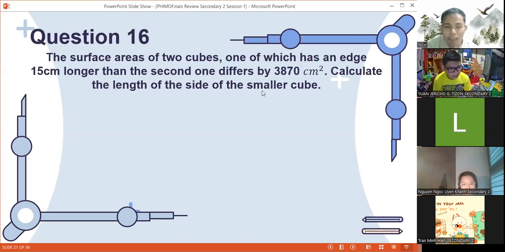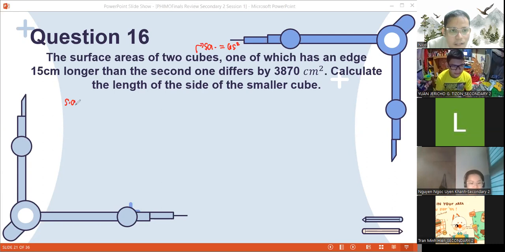Okay, let's have number 16. The surface area of two cubes, one of which has an edge 15 centimeters longer than the second one, differs by 3870 square centimeters. So when it comes to a cube, the surface area is 6s squared, right?